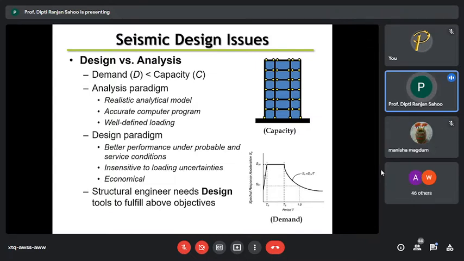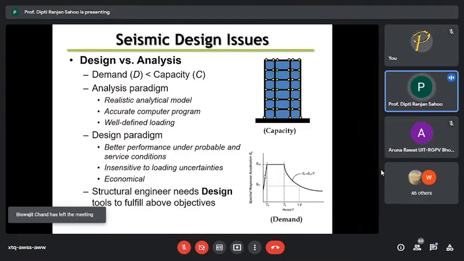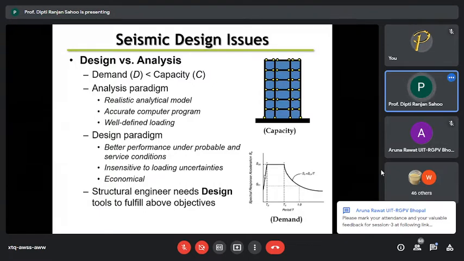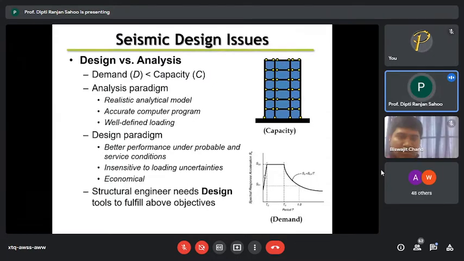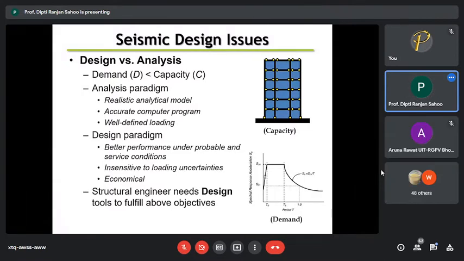For example, whether your equivalent static force method, based on which you calculate the design base shear, really takes care of the expected loading or not. At the same time, your design needs to be economical, and it must satisfy all the objectives.